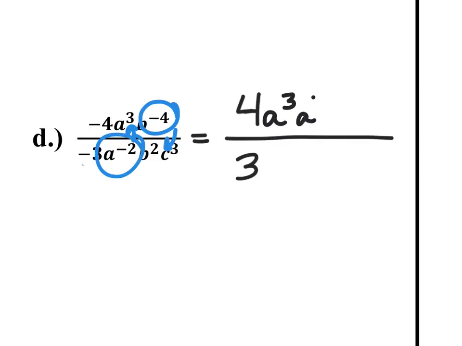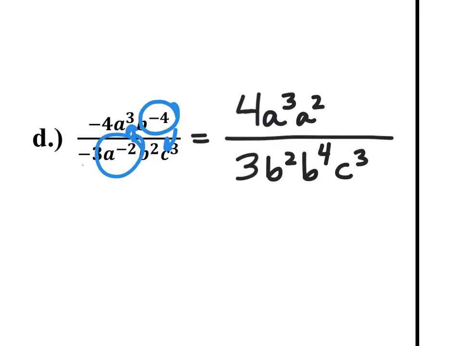A to the positive 2, yep. Okay, look at the bottom now. So we moved b to the negative 4th down. So we still have b to the second. Stevie, what else is down there? B to the 4th, and what else? C to the third.